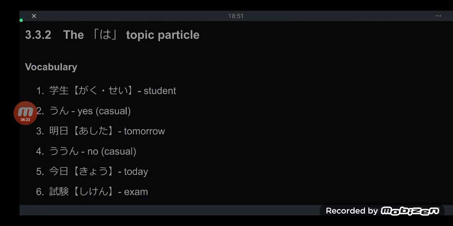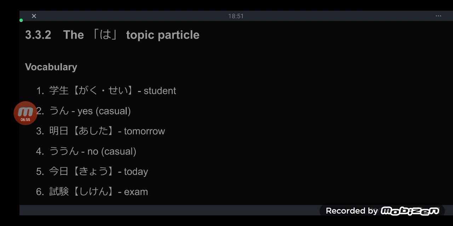The wa is a very essential particle. In many books it is described as the subject particle because it goes after the subject. It is written right after the subject, and right after the wa, or the ha, on the right hand side, you place your description. In English, it is what we call the letter C in the SLVC.